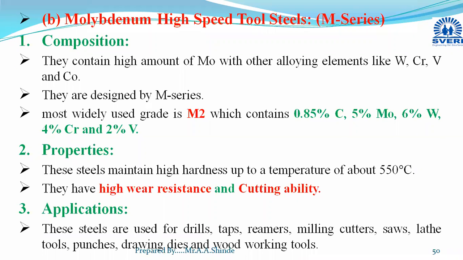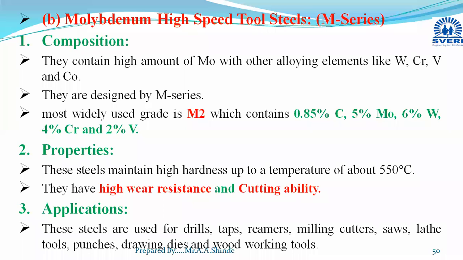Due to this 5% vanadium, it results in the formation of its respective carbides by combining with the carbon, and it will give you the highest hardness, up to 70 or 72 RC, that is hardness measured with the help of a Rockwell hardness tester.